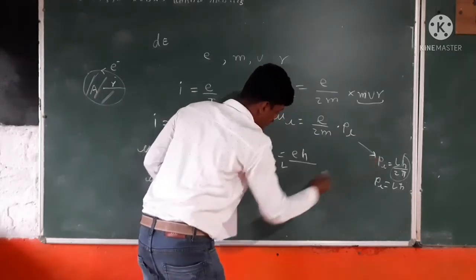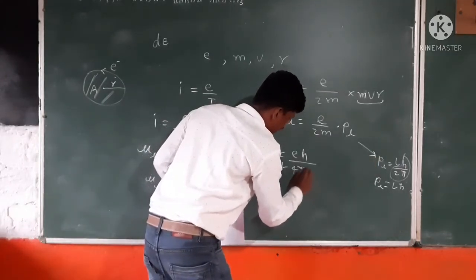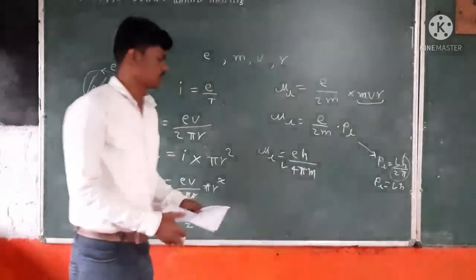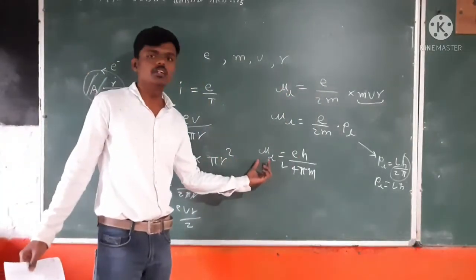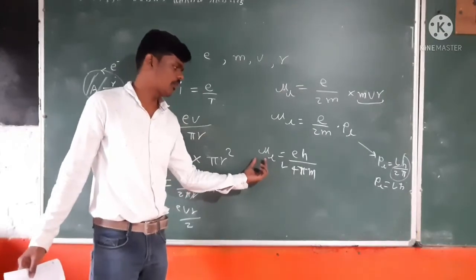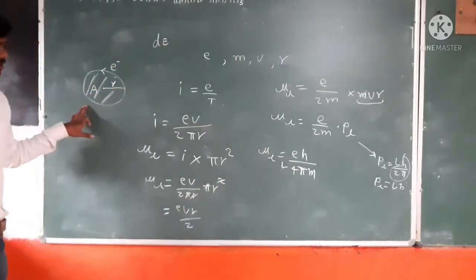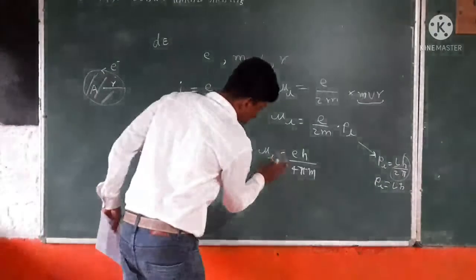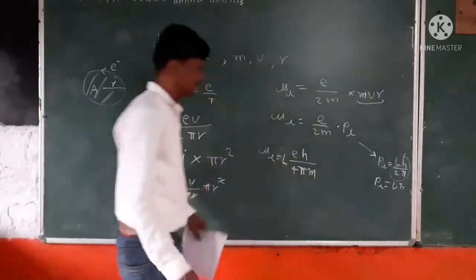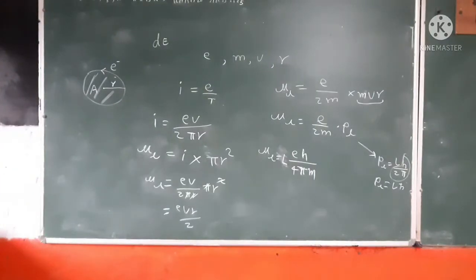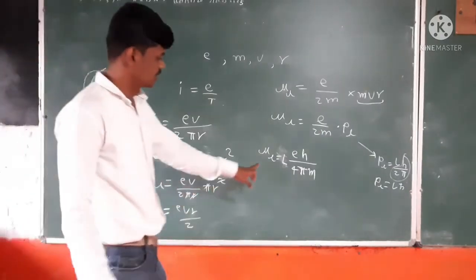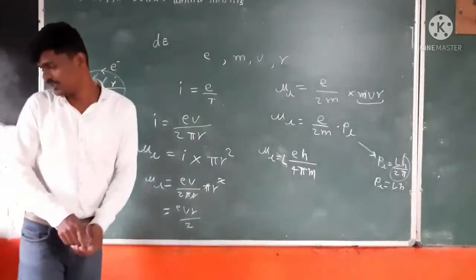Let's take this L outside, and we get E h by 4 pi m into L. So that will be the magnetic moment, the orbital magnetic moment of the electron in this orbit. This is capital L. So this is the orbital magnetic moment of the electron.